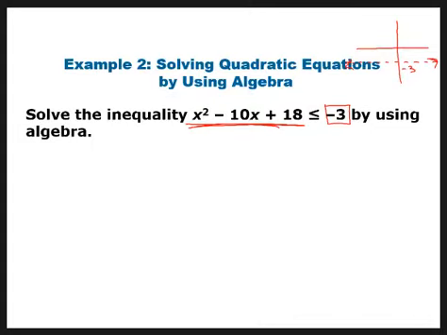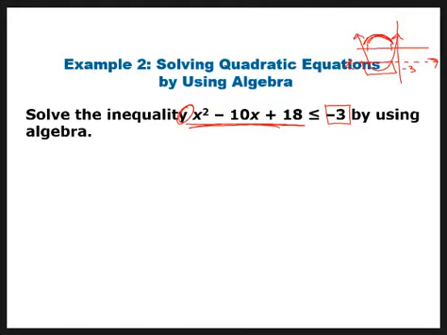If I have a parabola, in this case that opens up because we're positive out here, and it's graphed like this, what we're looking for are the x values, basically from here to here, where my graph is below -3 or less than or equal to -3. So my solution range would be whatever x values these are up here.